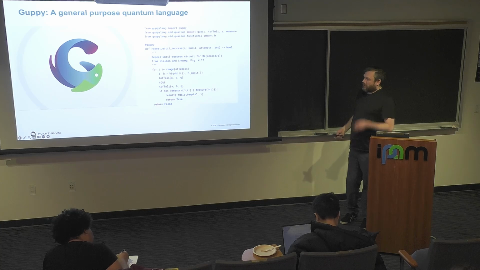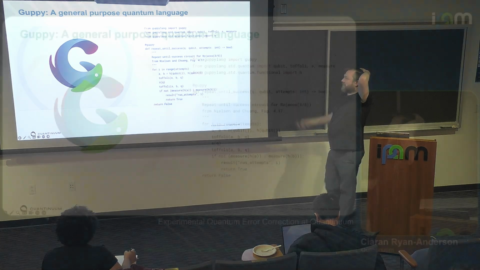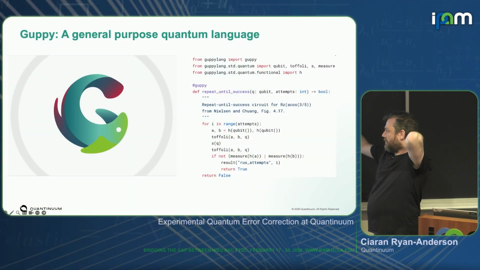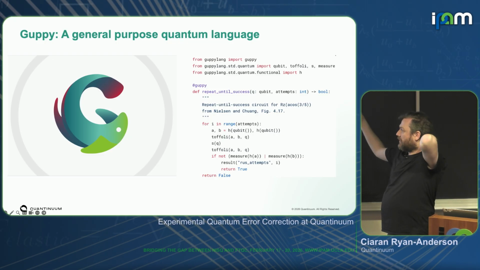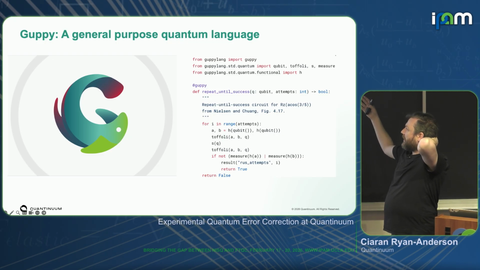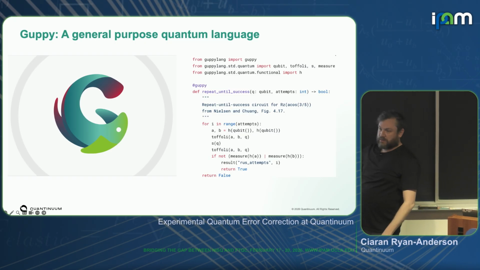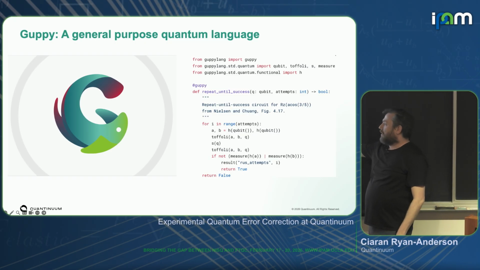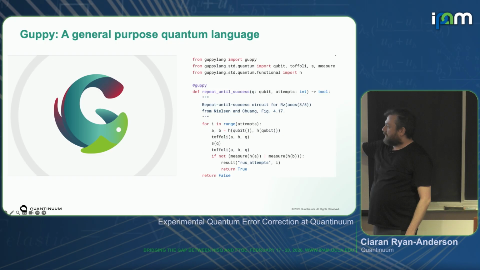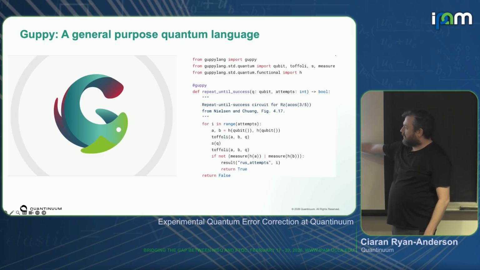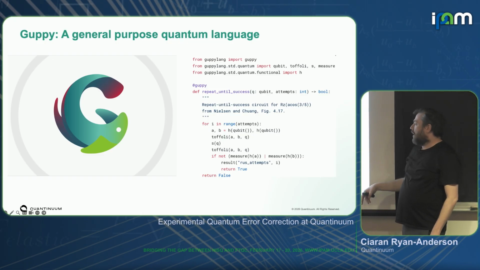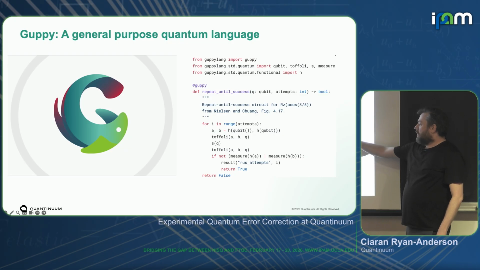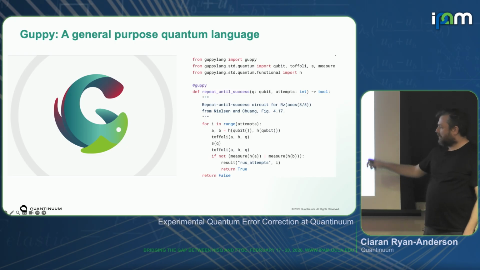This Guppy language is basically a language embedded in Python that looks like Python. This example shows repeat until success, for instance. You have your Hadamards, Toffoli gate, and so on, doing a for loop, branching on the measurement results, and keeping track of it.